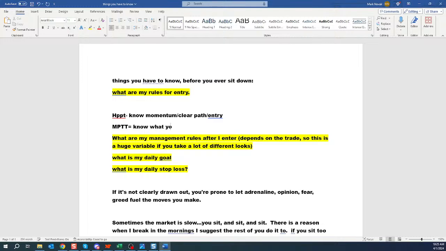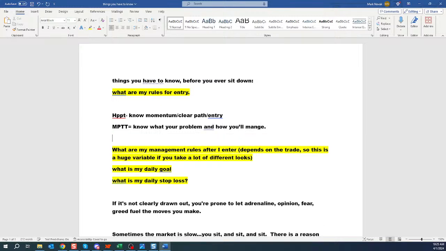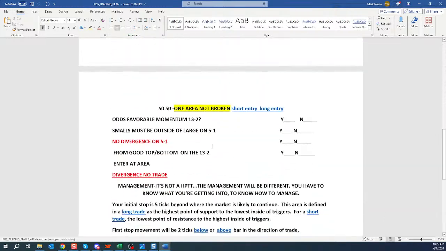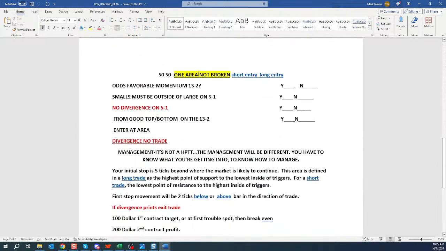you have to know what your problem is and how you'll manage. So for example, a 50-50 trade. Let me go back to the KISS plan. So a 50-50 trade has to have odds favorable on the 13-2 via the KISS plan.